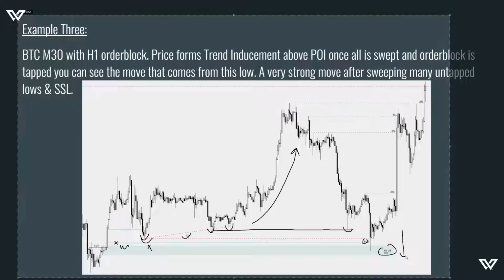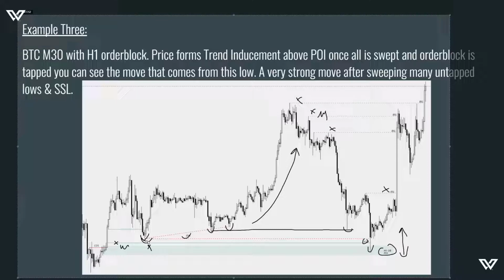In this area, we have so much untapped liquidity still that we need to take. We have all these stop losses. We probably have all these people trying to play the breakdown. And above, we have all this untapped buy side liquidity, all of these highs that haven't been swept yet. So this is the perfect setup. Come in, great reaction from the order block.